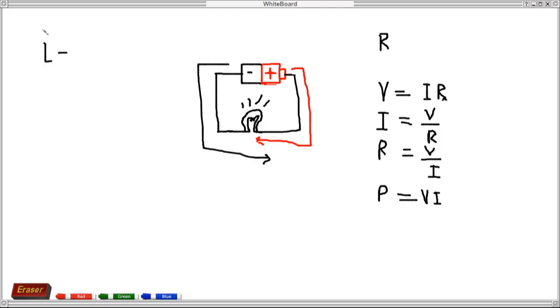Your load is basically your resistance, and we commonly call this your load. But heat is not dissipating just from your load. It's also dissipating from your wire, because in reality wire has electrical resistance as well, not as much as your load, but it's always going to dissipate heat.